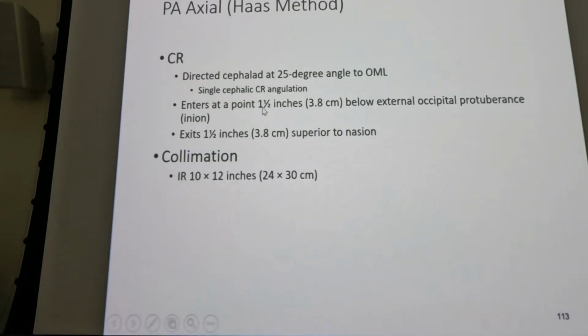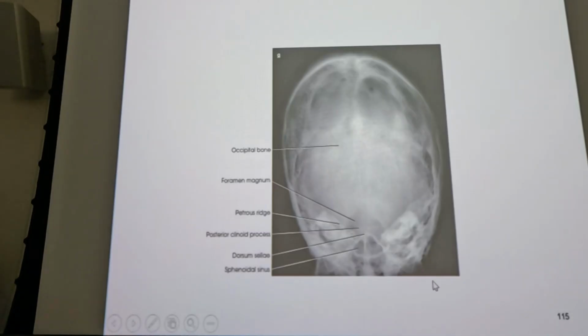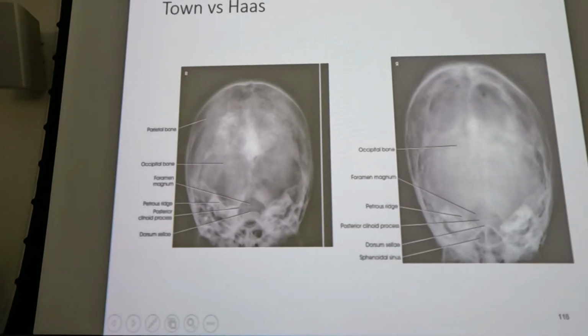All right, so central ray enters 1.5 inches below the inion. Evidence of collimation, no rotation, fundamentally no different than the Towns in appearance. Towns versus Haas, really can't see anything.